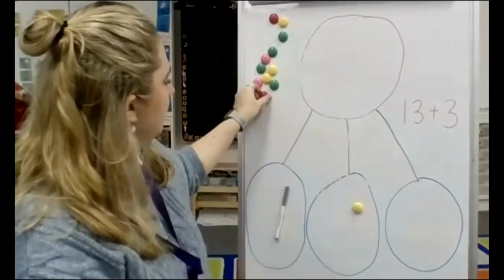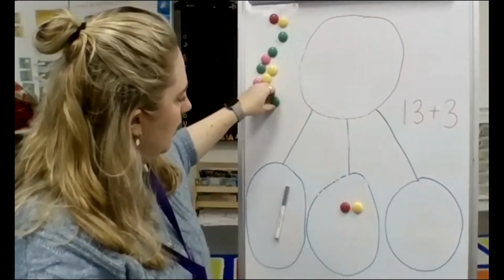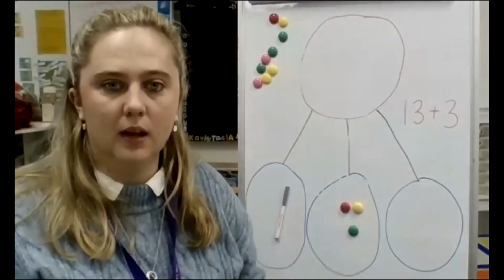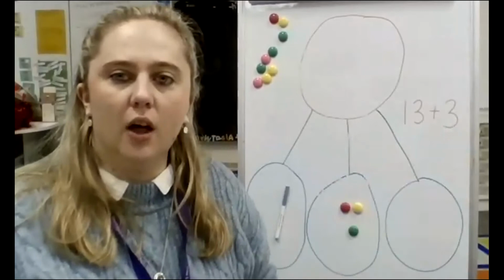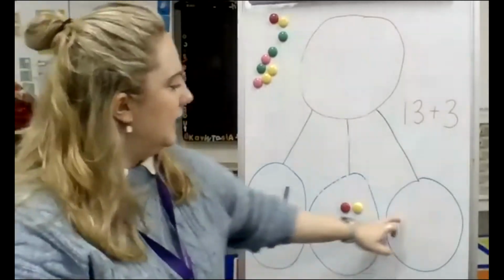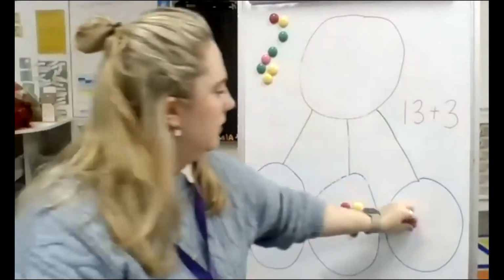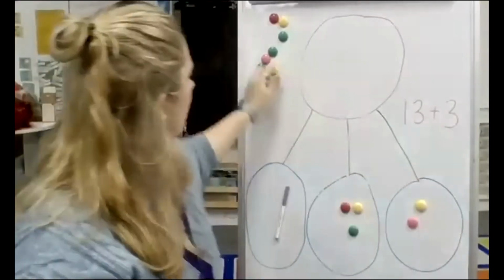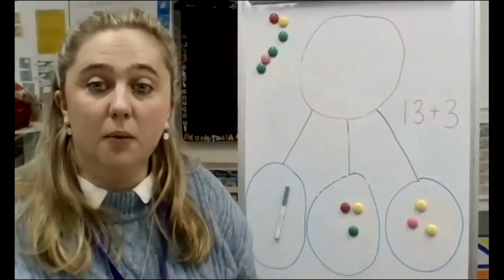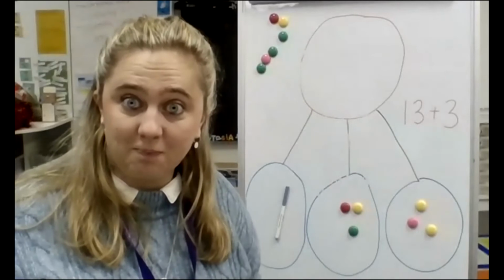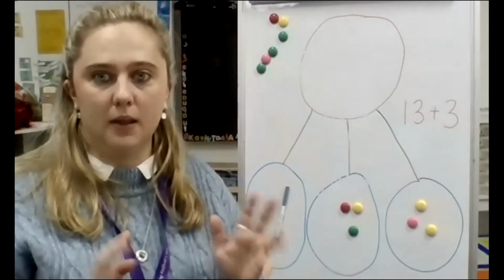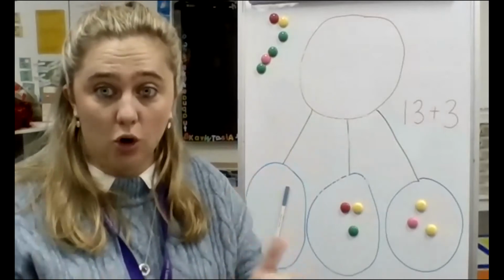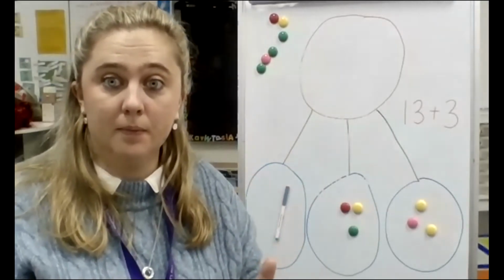So we have 3. Then we're going to add another 3 ones. So let's put another 3 ones in our other part. Okay, have you done that? Pause me if you need more time to do that, but that's what you need to be doing right now on your part whole model.